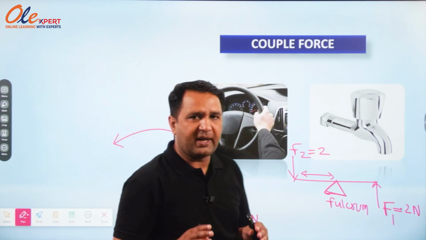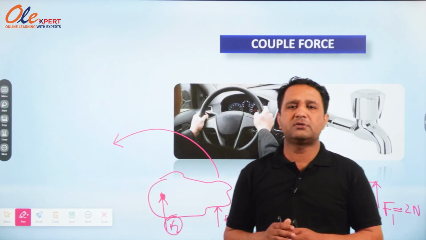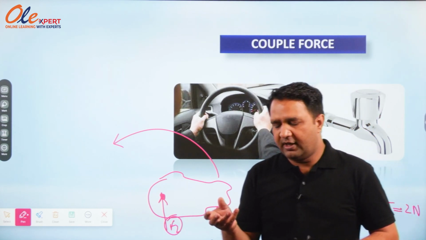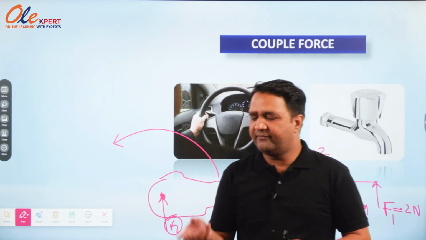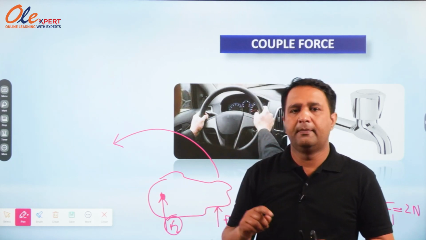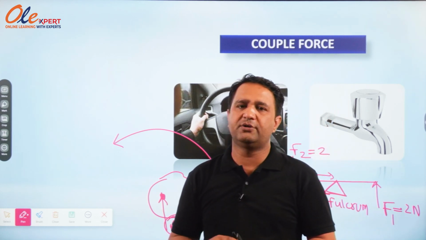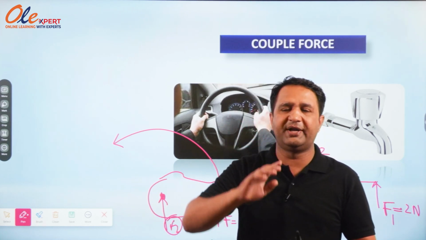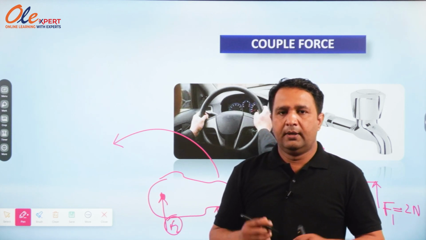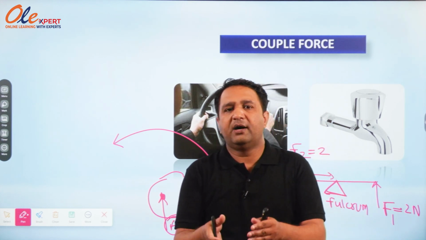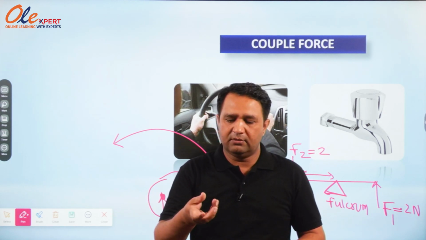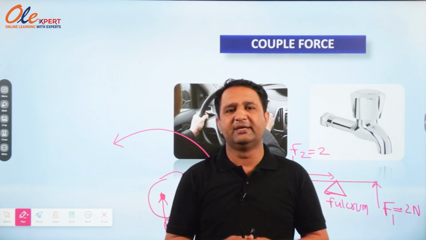Whenever we apply some external force on any body or object, if the body is pivoted, it will do rotational motion, but a large force will be required to rotate the object. But if we apply a reaction force opposite in direction, then rotation can be done very easily.